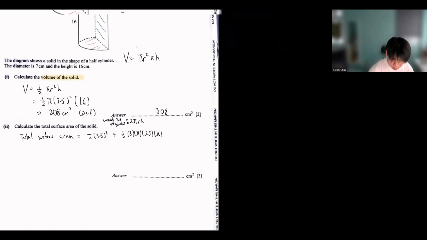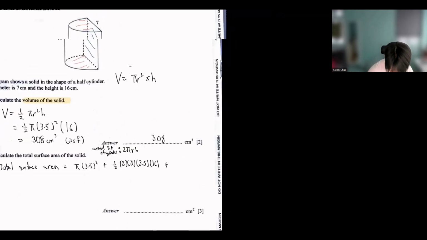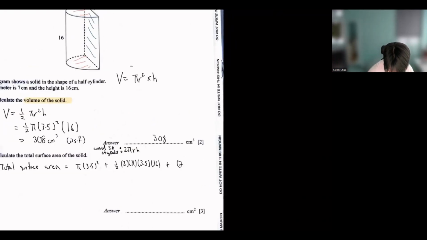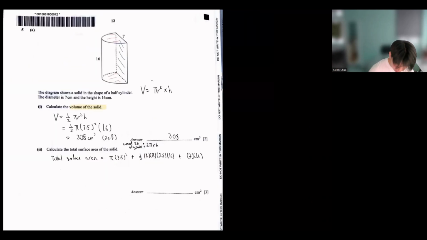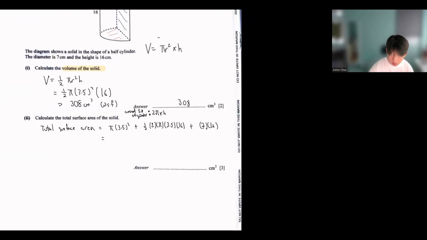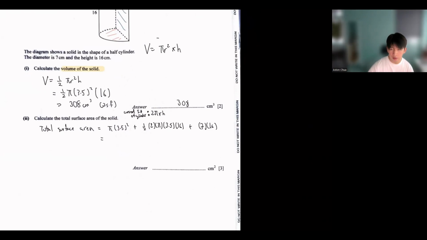Then finally we are left with our rectangle, which is 7 times 16. So this should give us the value of 326 cm square after rounding off to 3SF.